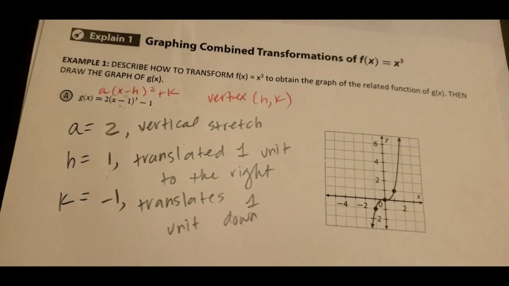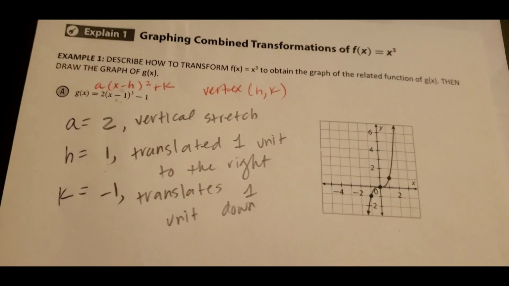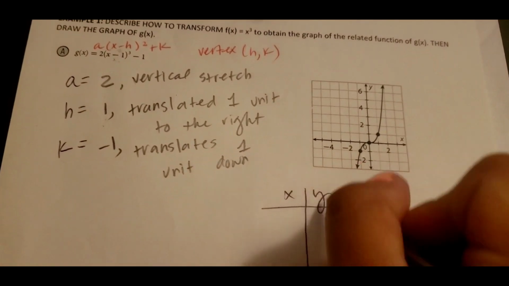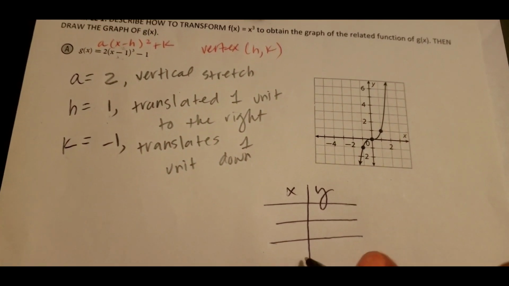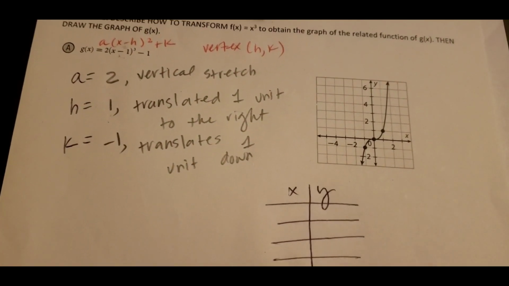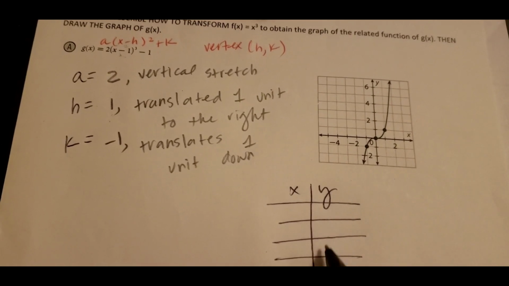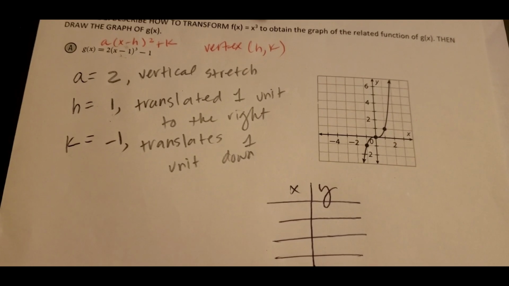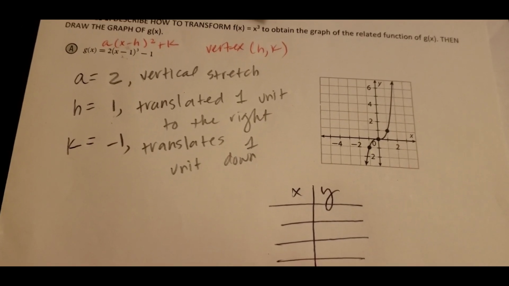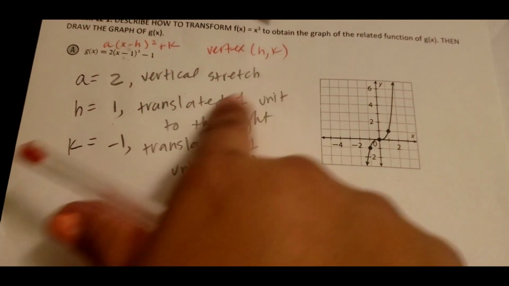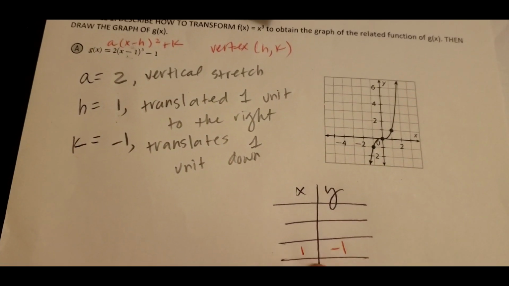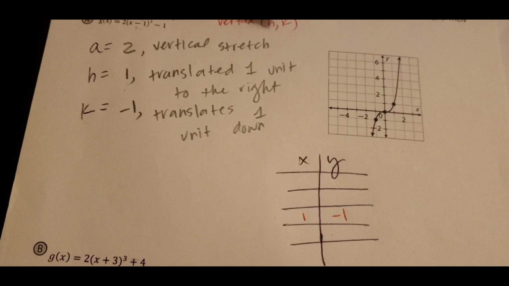So I'm going to show you the same way we did last time. So I'm going to draw a quick table, x, y, and I'm going to go ahead and use 5 points. So 1, 2, 3, 4, 5. Okay, and then my very first point that I'm going to plot is our vertex, and our vertex is h, k, so that's going to be 1, negative 1, and I put that right in the middle, okay?